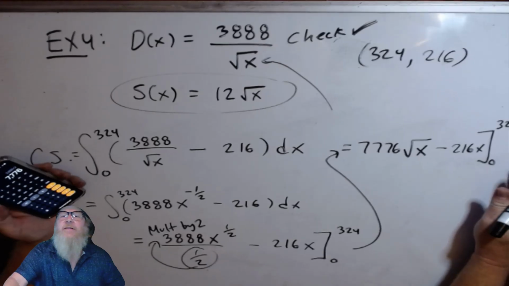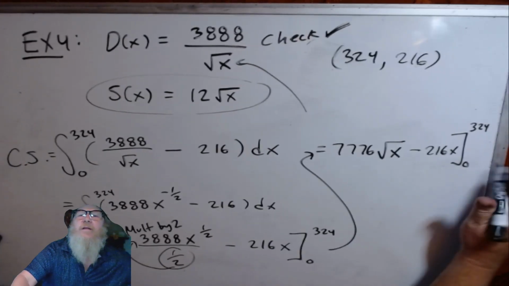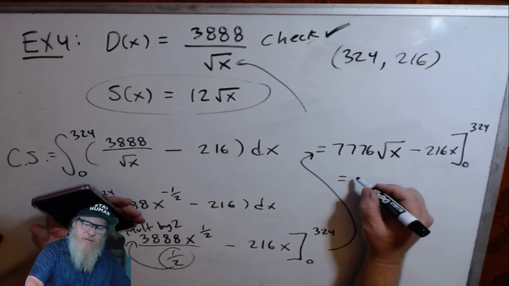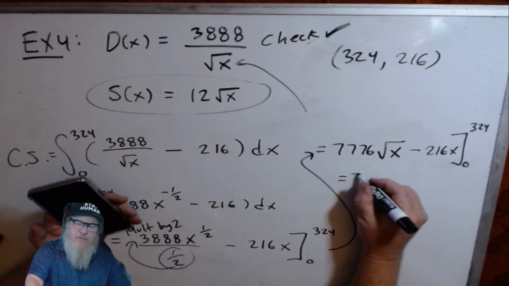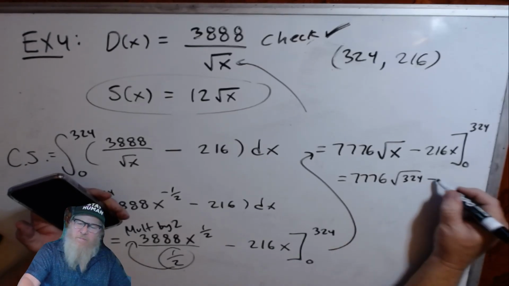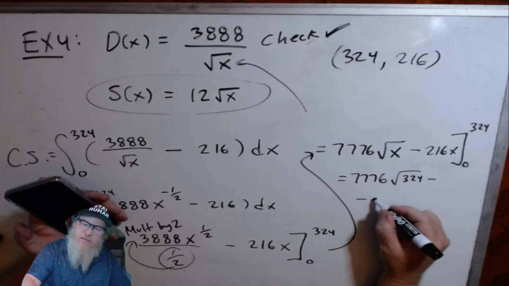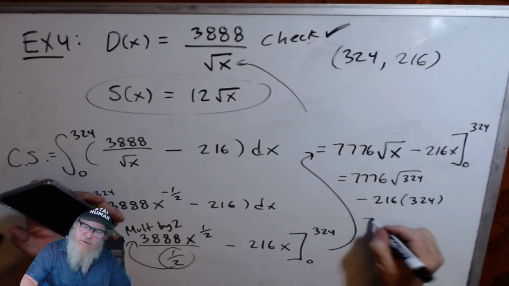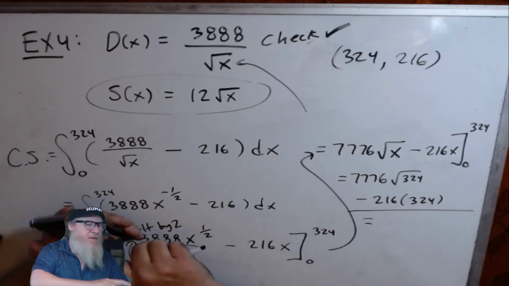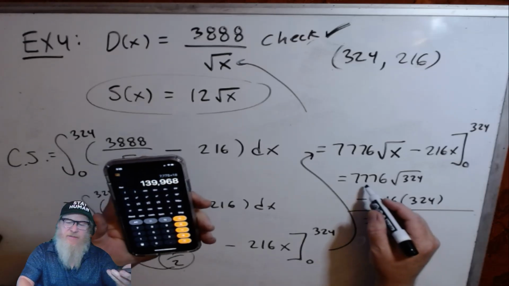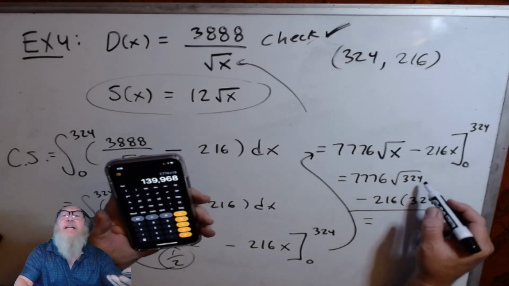And then evaluate that on the interval from 0 to 324. So 7776 square root of 324 minus 216 times 324. You guys remember what the square root of 324 was? It was 18. So 7776 times 18.